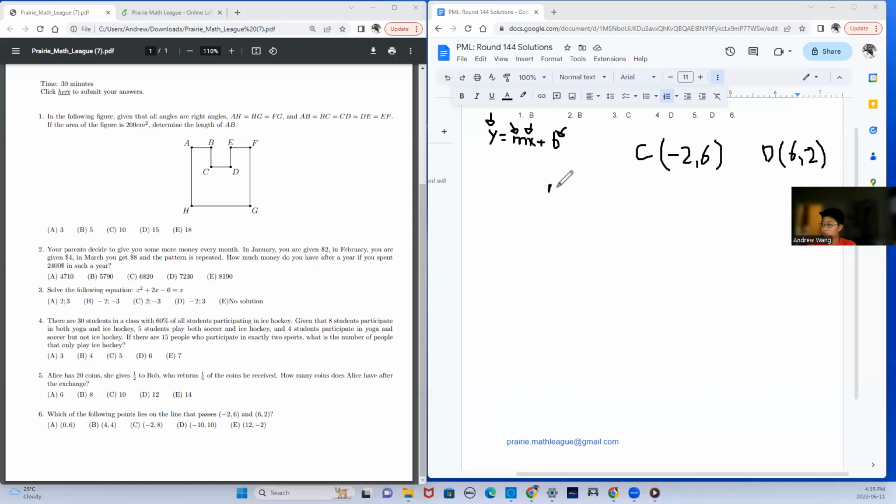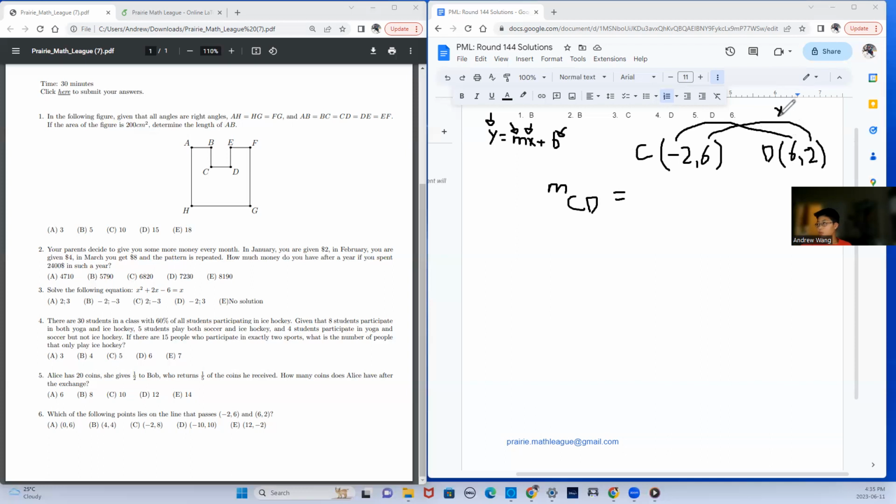So slope is calculated like this, where it is basically the change in y value over the change in x value. So change in y value is this 2 and 6 over here, that's y, and the change in x value is this over here.